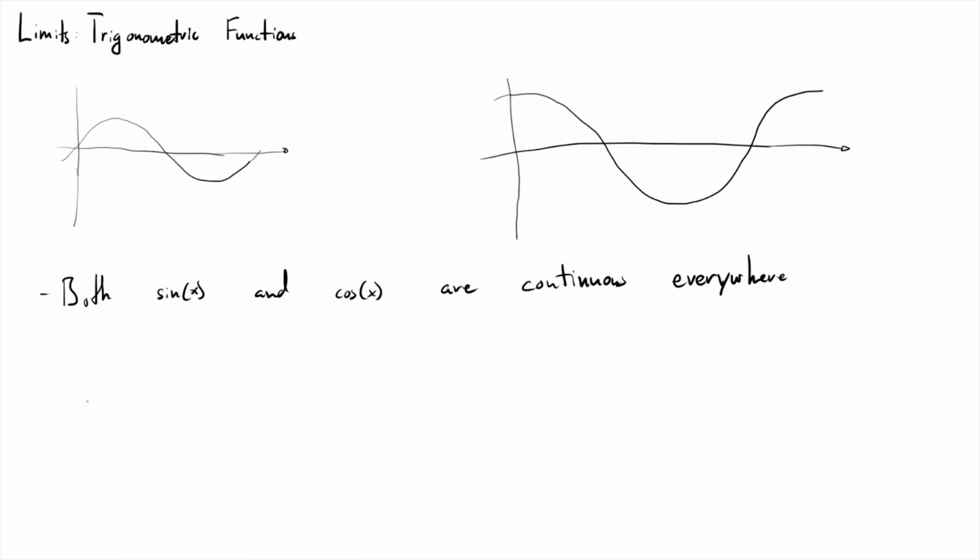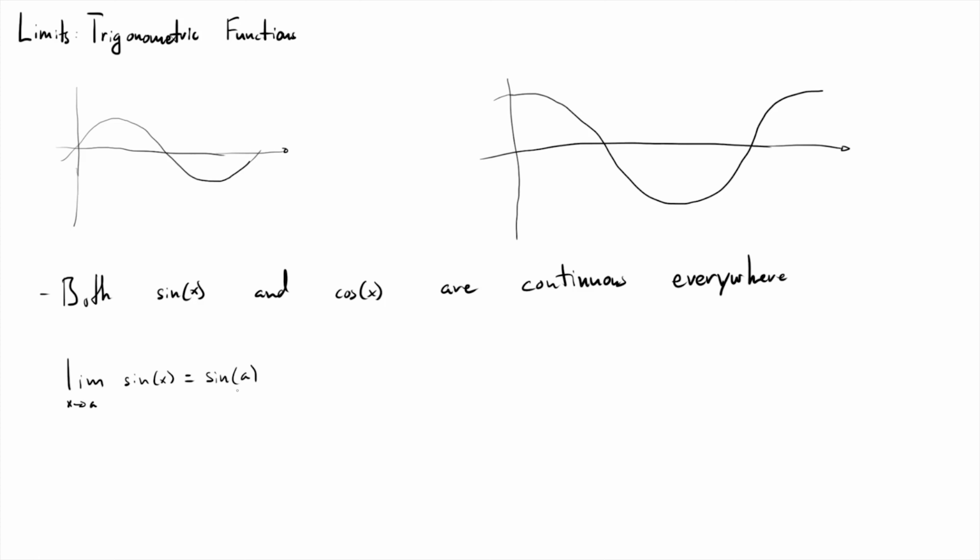So the way this helps us is if I have the limit as x approaches a of my function sine of x, that is going to be equal to just sine of a. If I want to see what the limit of sine of x is as x approaches some number a, all I have to do is plug that number a into my sine function.